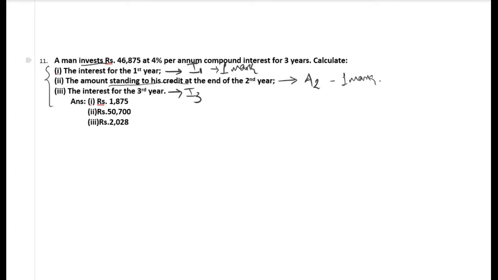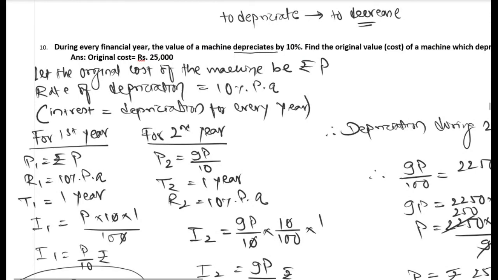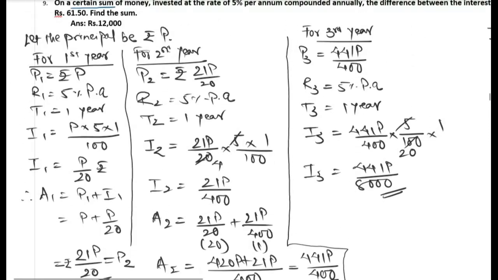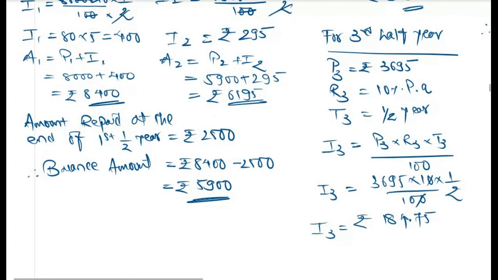These specific things, interest for individual years, cannot be found with formula. Direct formula will not help us. Then this question where depreciation of a certain year is given and the original value of the machine has been asked, without formula is the only way. Here the difference between the interest of two individual years is given and we have to find the original sum, right? Without formula will only work, right?